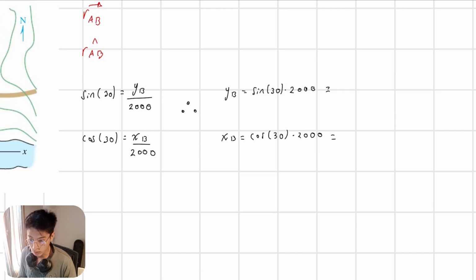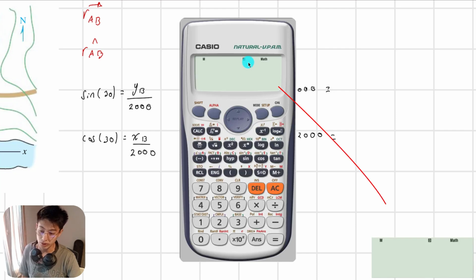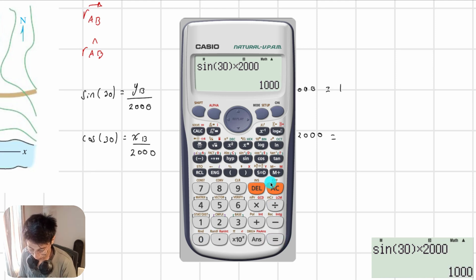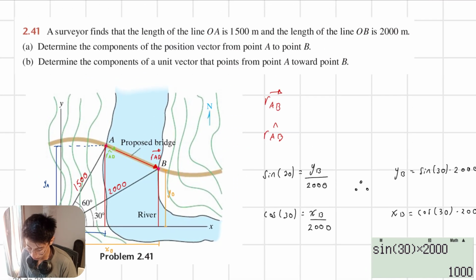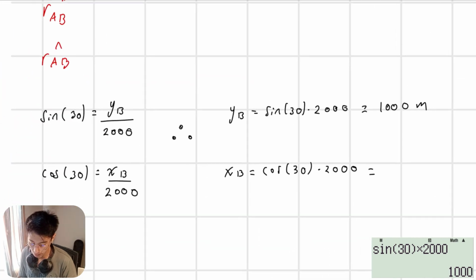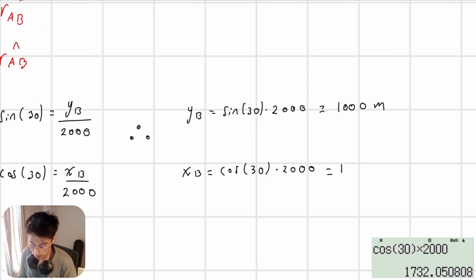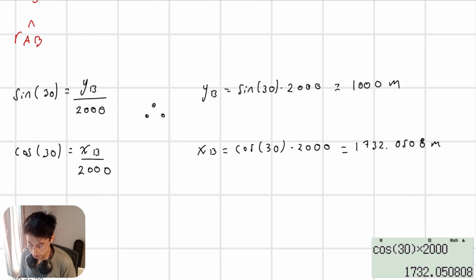Now this is going to be equal to, you have to make sure that you are working in degrees. So sine 30 multiplied by 2000 is equal to 1000. 1000 meters, because we're working always in meters, right? Yep, everything is in meters. Now I'm going to change this to the cosine, and this is equal to 1732.0508 meters.